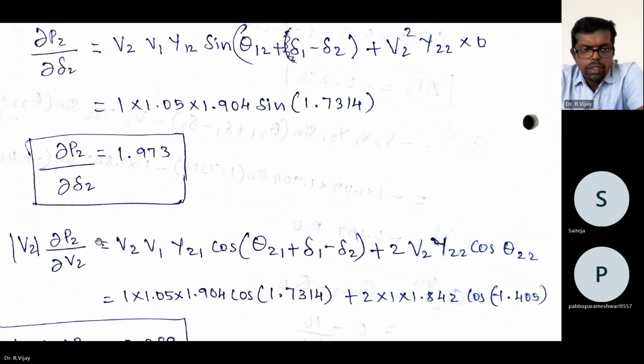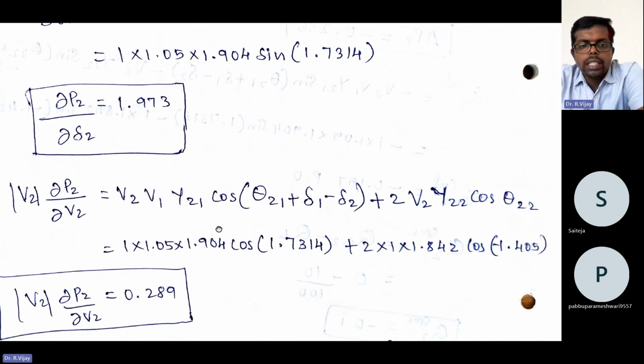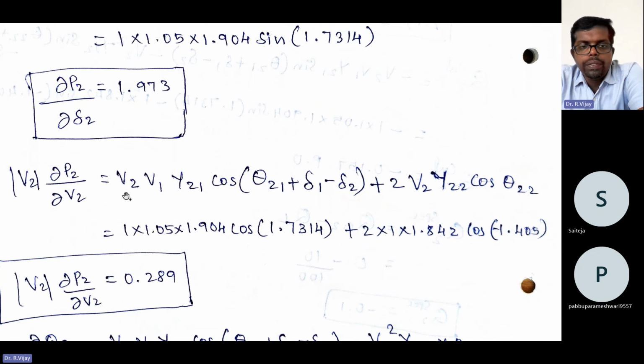Similarly, you need to differentiate del P2 with respect to V2. If you differentiate with respect to V2, you will get V2 into V1 Y12 cos of theta 21 plus delta 1 minus delta 2, plus 2 into V2 Y22 into cos theta 22. Here V2 with respect to V2 we are differentiating, so this becomes 1, this becomes 1, so no need of mentioning it over here.